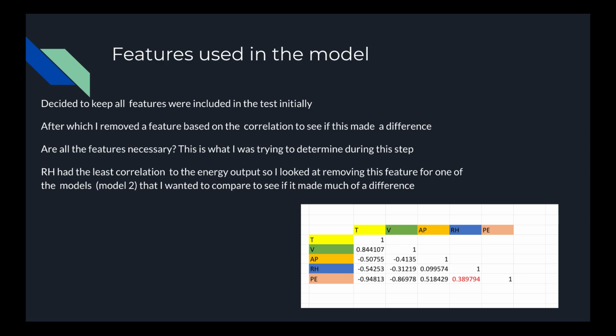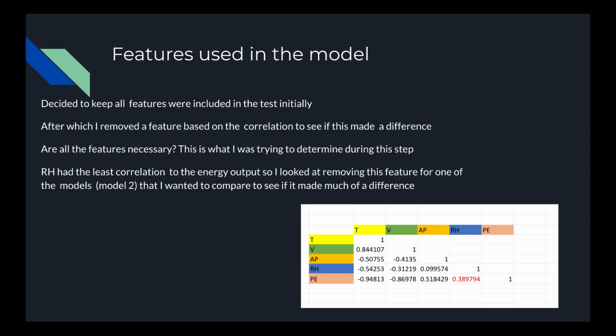But what we then did is we looked at the different features and their correlations with the energy output, to find out which of these features had the least correlation, so that we could remove that in a second model to see if that made a difference to our predictions.